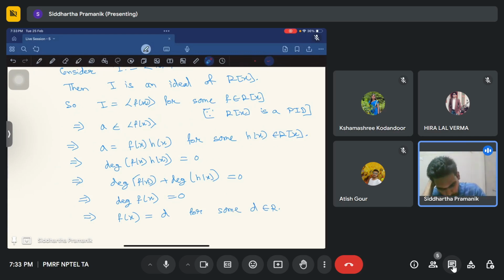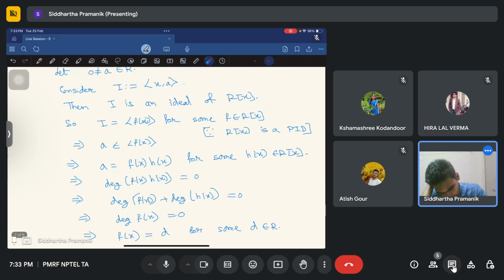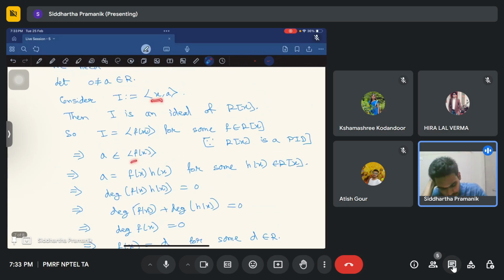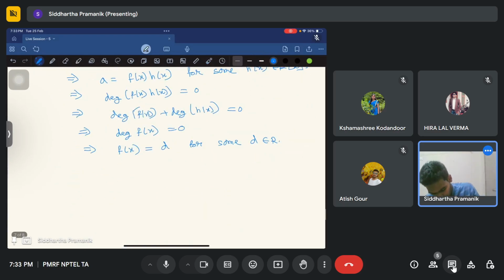Okay, so now x is also in the ideal generated by f(x). Let's use that fact. Now x belongs to the ideal generated by f(x). That implies x equals d times some g(x), because f(x) equals d. So for some g(x) belonging to R[x].